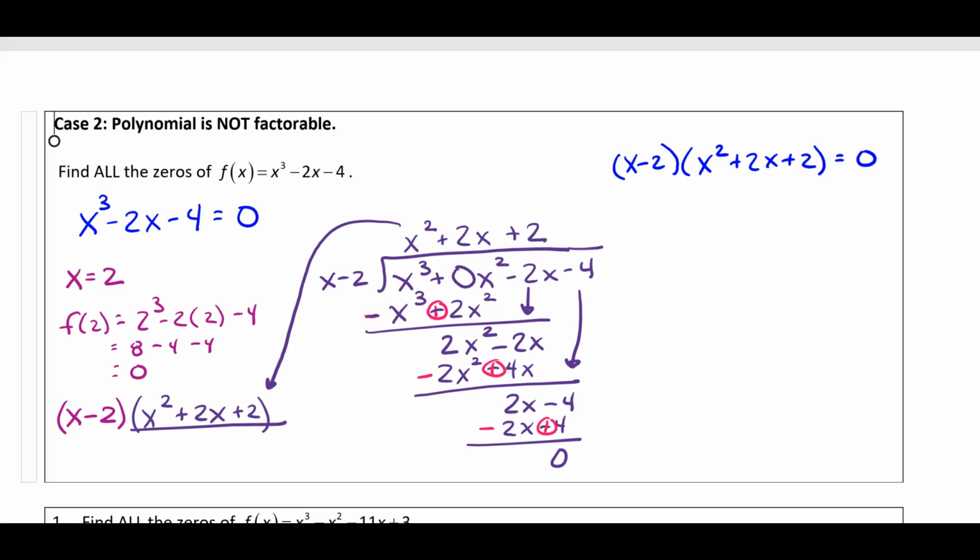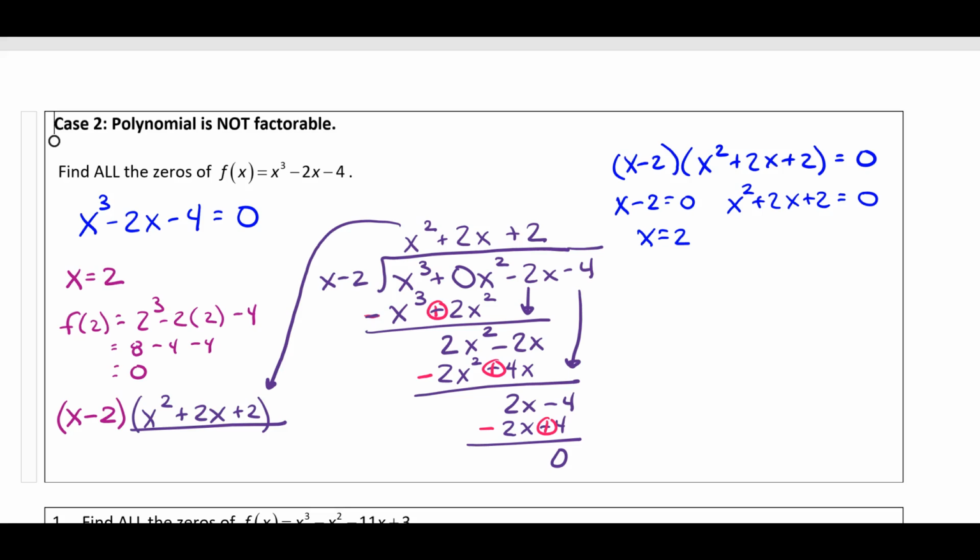And I know this x squared plus 2x plus 2 doesn't factor more, because my other two solutions have to be imaginary, which means we're going to have a negative discriminant, which means it's not going to factor. So we can set x minus 2 equal to 0. We already know that's going to be a solution of 2. We already figured that out graphically. And then this x squared plus 2x plus 2, I'm not even going to try to factor it because I know it's not going to.